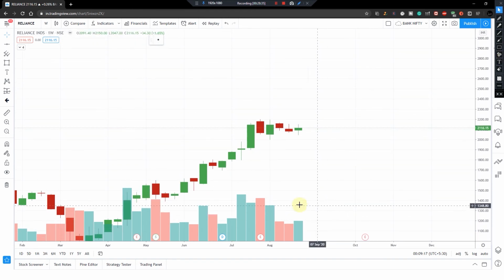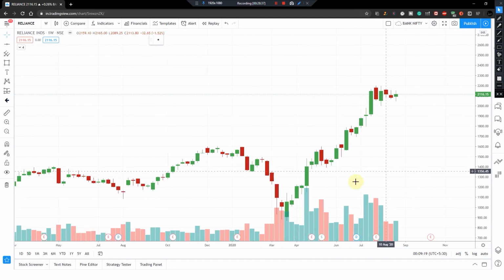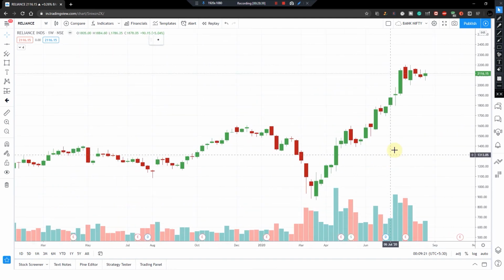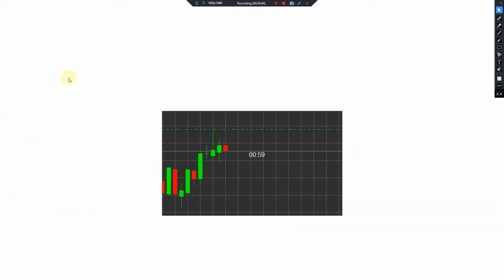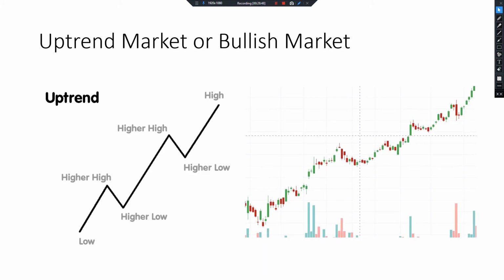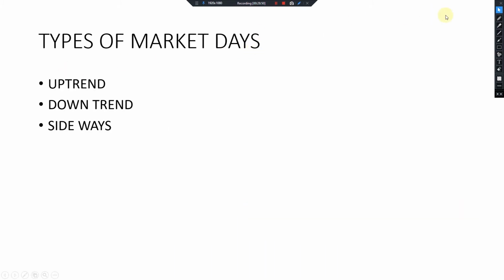So that's all about the candles and the basics of it. Now let's see the types of market days. There are three types. Almost all market moves fall into three types. One is uptrend, called the bullish move, where the buyers were strong.